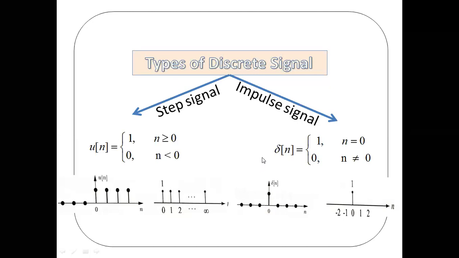Basically this is what we have learned before in continuous time. The difference is in the domain: we have u(t) for continuous time and u[n] for discrete time. The same happens for the impulse function: we have delta(t) for continuous time and delta[n] for discrete time. Basically, the ideas should be the same.